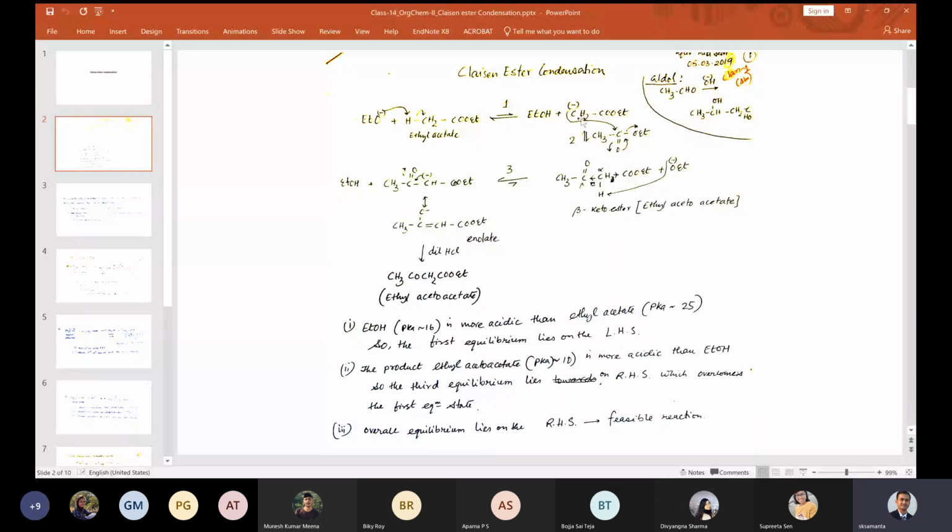In the aldol case, you used to get this keto, and basically you had an aldehyde and alcohol. In this case, you basically get a keto and an ester. So in this case, you have aldol, aldehyde, and alcohol. In this case, you have a beta keto ester. That is the only difference that is coming. So how does this reaction happen? Let's see.